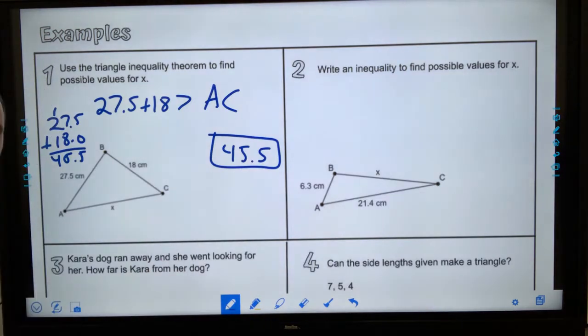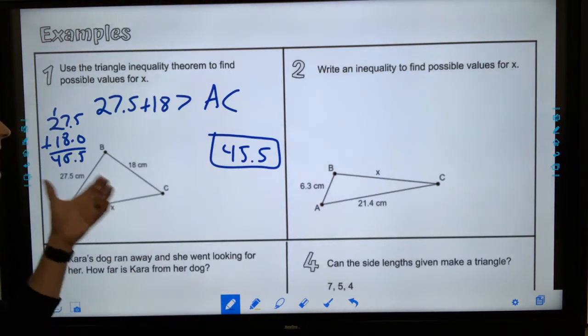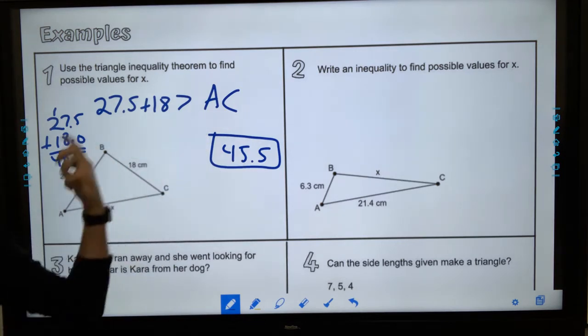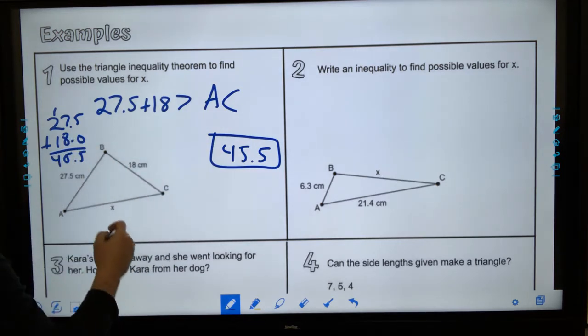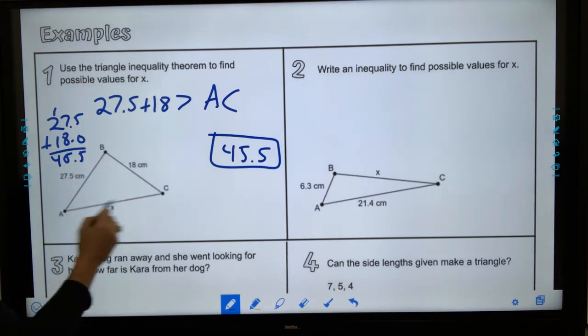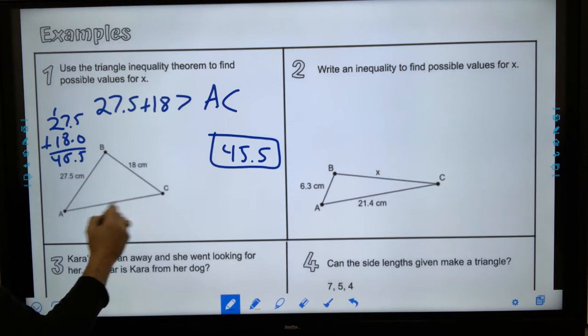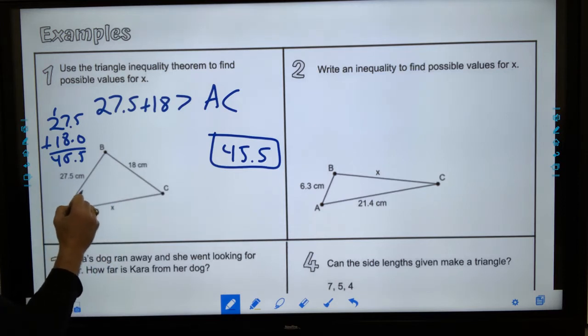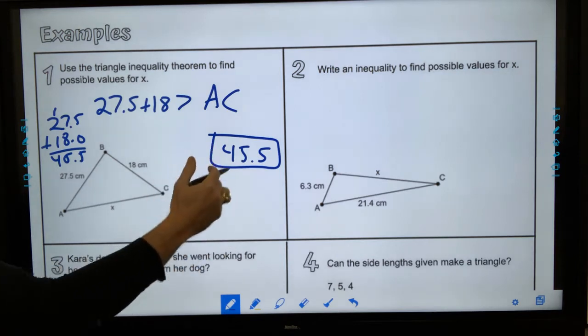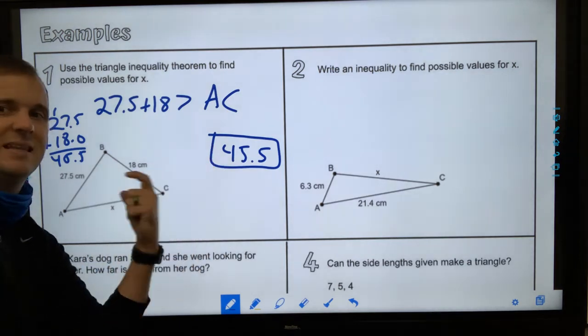That is the highest value that this can be. Does that make sense? Now I need to find the least value this side can be, because there's a greater value and there's a smaller value. If I take the smaller side and add AC to it, it's going to be greater than 27.5. Then I can solve for that and subtract on both sides, and it's going to give me the least value.